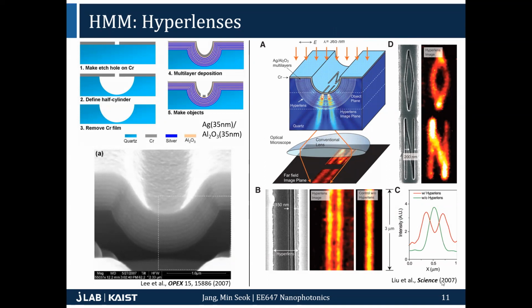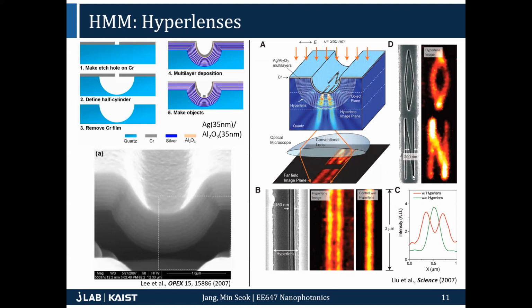This paper, published in 2007, uses alternating layers of silver metal and alumina, which is a dielectric. By using this silver-dielectric multilayer, they could resolve features much closer than the diffraction limit, like 20 nanometers, which is sub-diffraction limit.